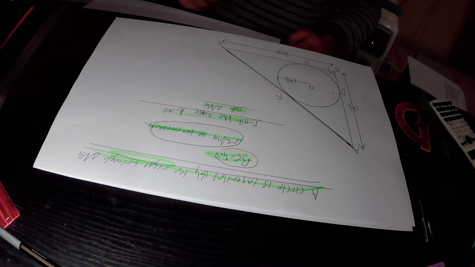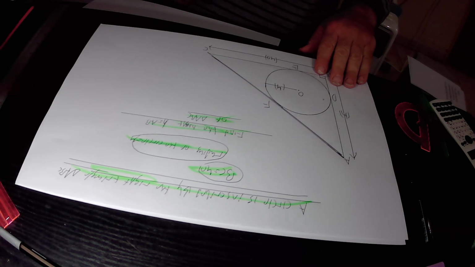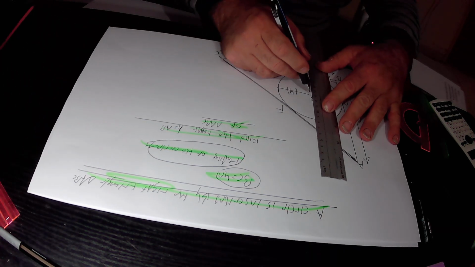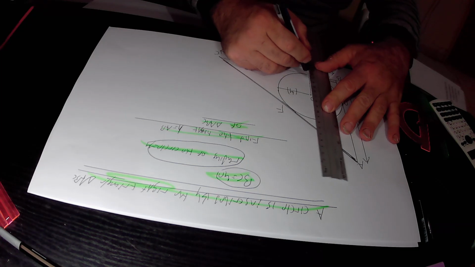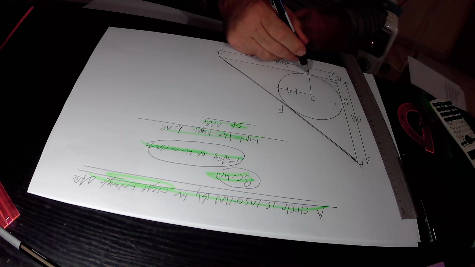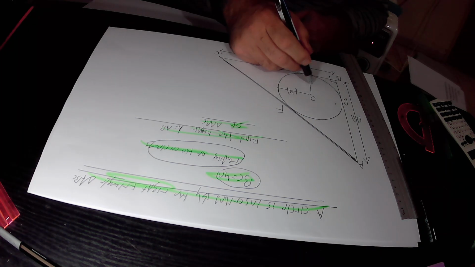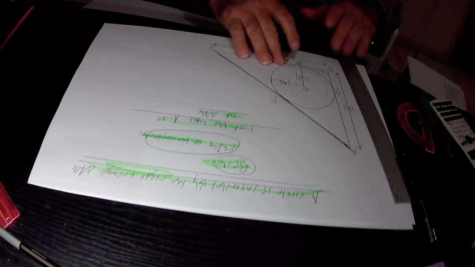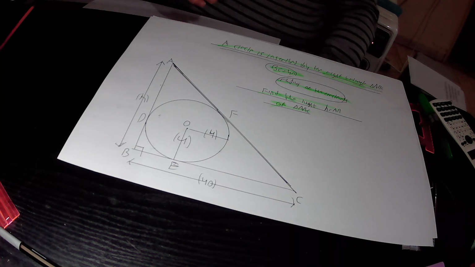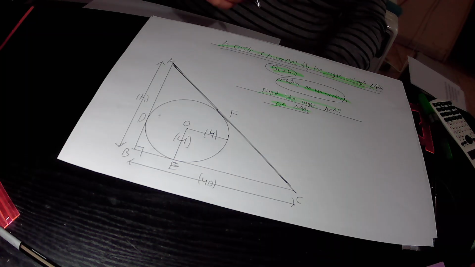In the next step, we will join points O and E together by a straight line. Point O is the center of this circle, point E is a point on the circle itself, therefore OE is the radius of this circle, equal to 4 units in length, according to what's given in the question. The radius OE is drawn to point E, the point of tangency of tangent BC with this circle.